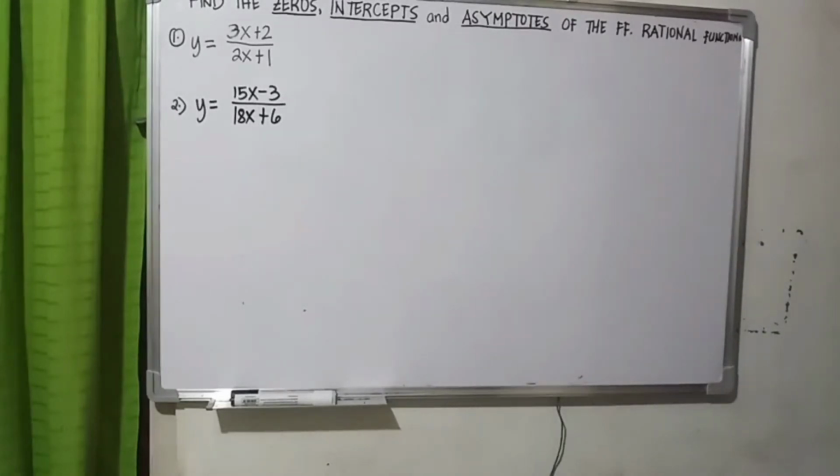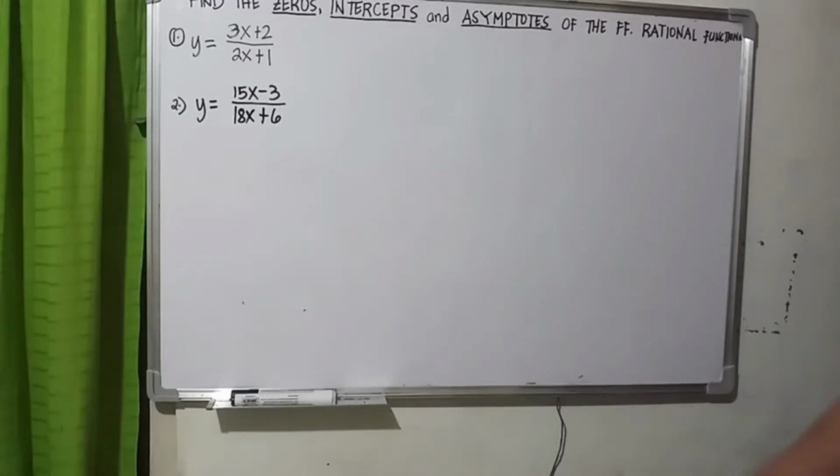Okay, let's discuss how to find the zeros, intercepts, and asymptotes of the following rational functions. So to find the zeros, intercepts, and asymptotes, merong mga rules or tinatawag na steps, but in this case shortcut ang gamitin natin.